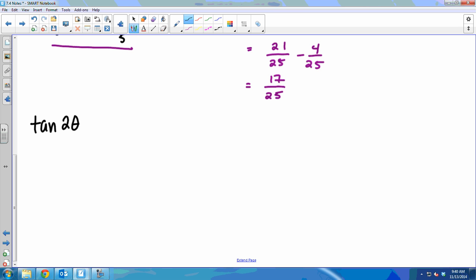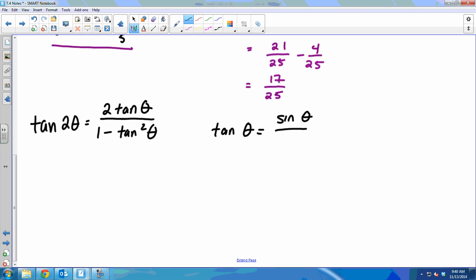For tangent 2 theta, you have 2 tangent theta over 1 minus tangent squared theta. That means you need tangent theta. Tangent theta is sine over cosine. Sine is 2/5. Cosine is the square root of 21 over 5. Since you're using this in the problem, you don't have to rationalize it.